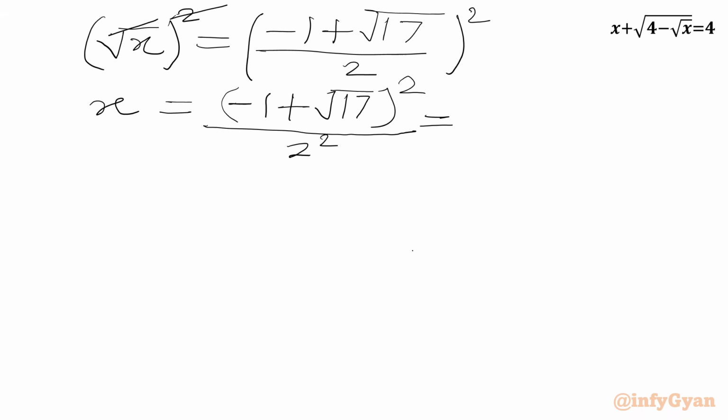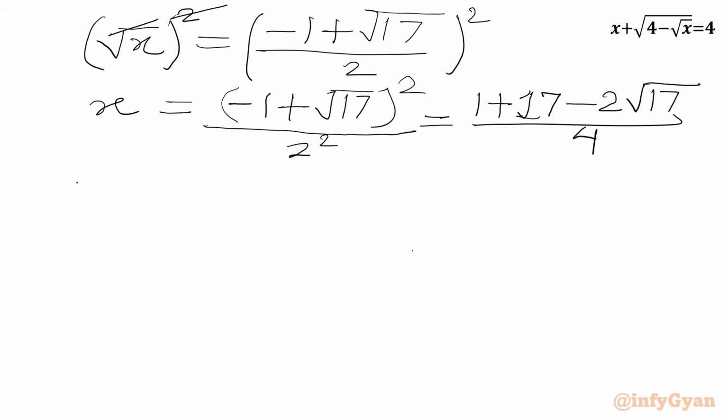Let's use the a minus b whole square formula. We will get 1 plus square root 17 whole square will be 17 only, minus 2 times square root 17 over 4. So I can write x will be equal to 18 minus 2 square root 17 over 4.